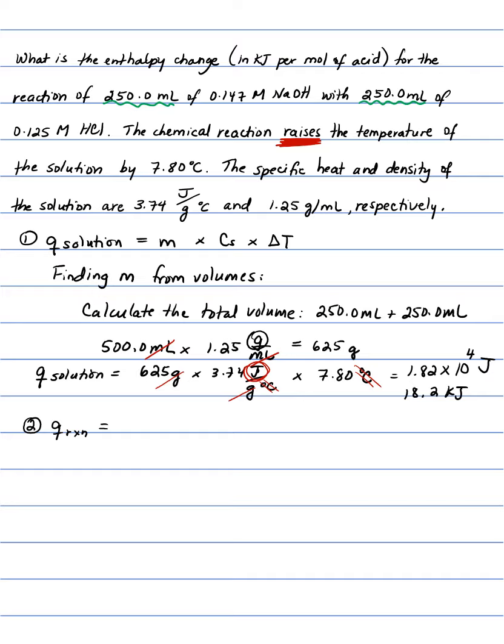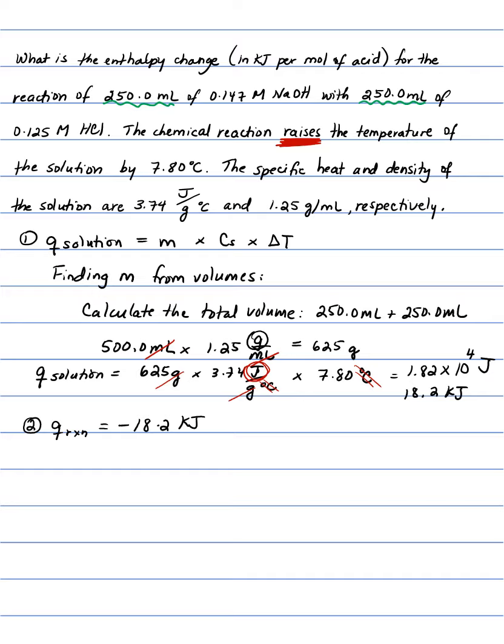So that amount of heat that your solution is absorbing is coming from the reaction, which means that if you have a heat for the solution with a positive number, the heat for the reaction will be the same amount but with a negative number. The actual reaction is exothermic. The reaction is releasing heat that is going into the solution, and the temperature of the solution will be increasing.